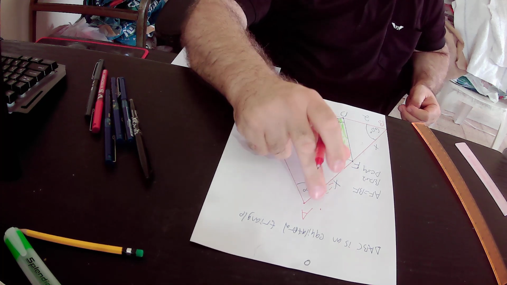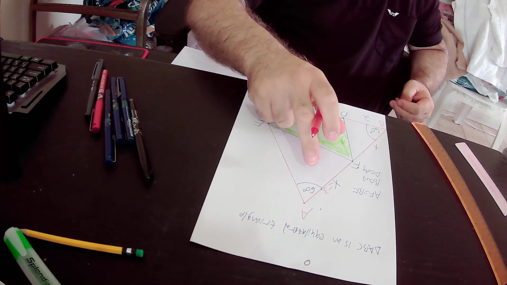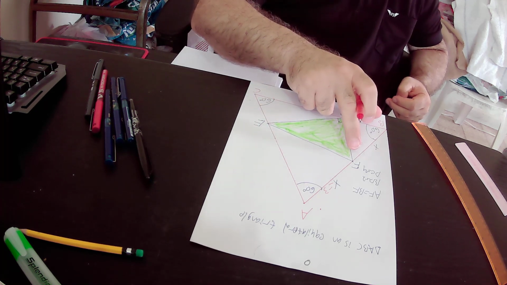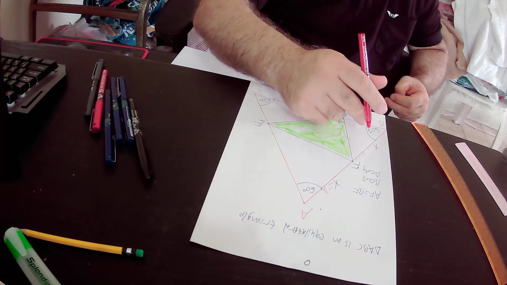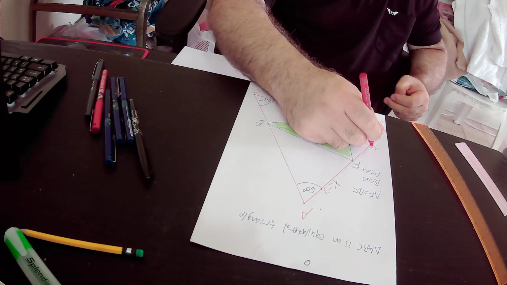So AF, that equals x, is 3 units, and AF equals BF, so BF also equals 3 units.